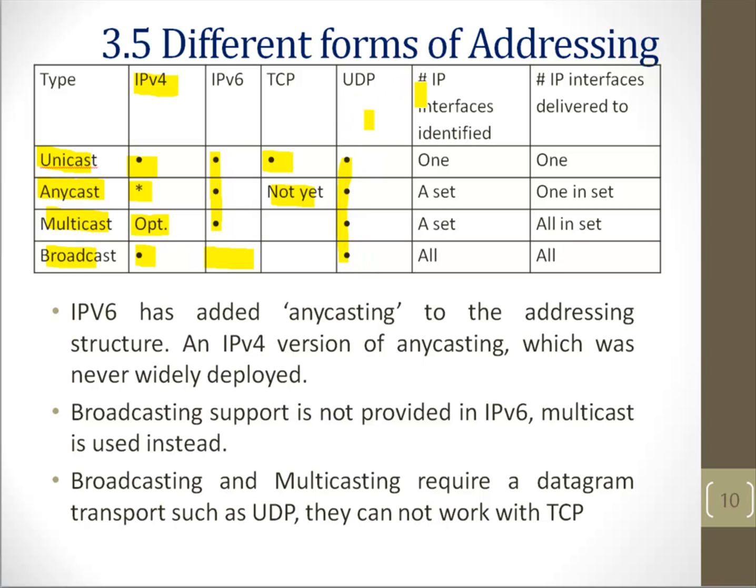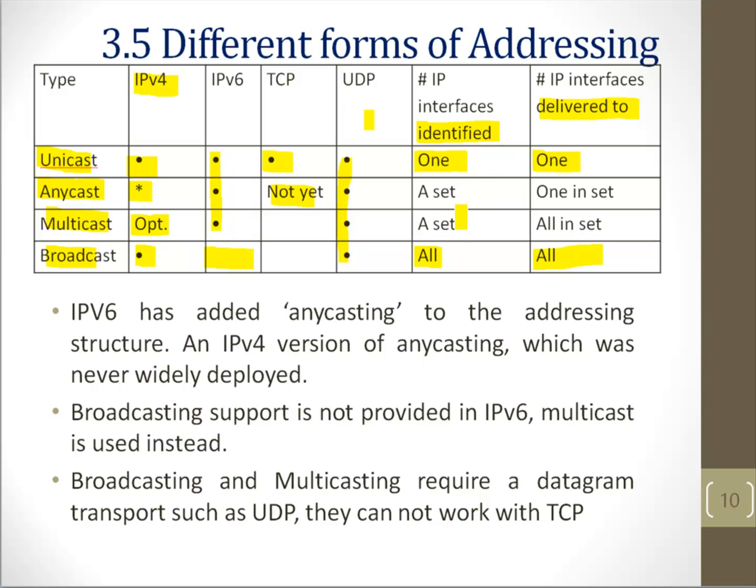Then the number of interfaces identified, and the number of interfaces delivered to. That means the destination. In unicast, one destination will be identified and the data will be delivered to that particular interface. If you take broadcast, all the interfaces, all the hosts will be identified, and the data will be delivered to all.